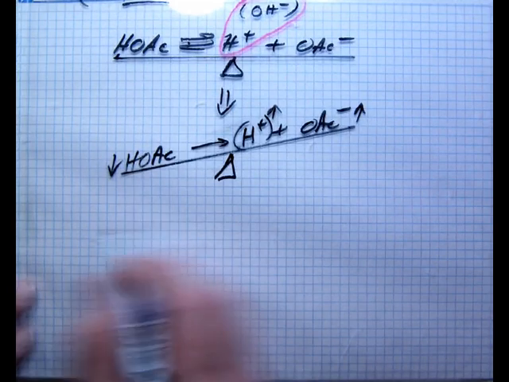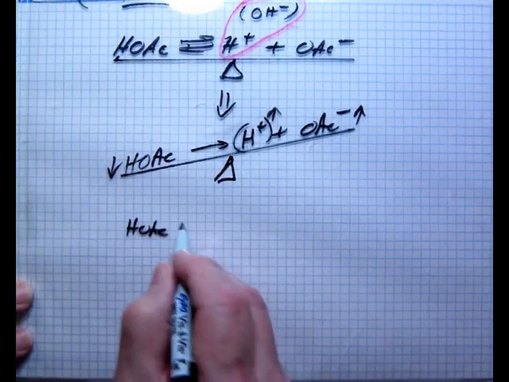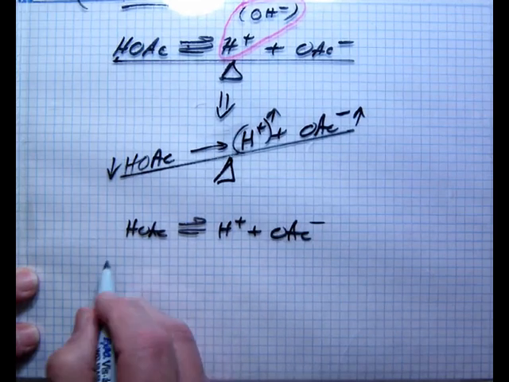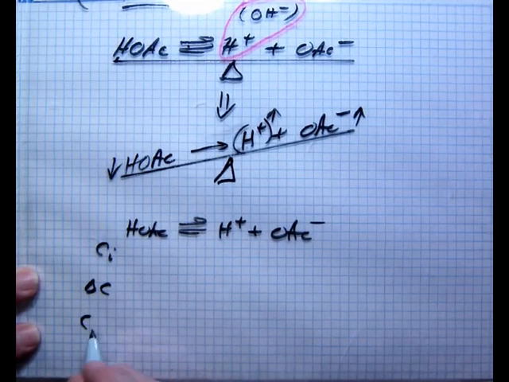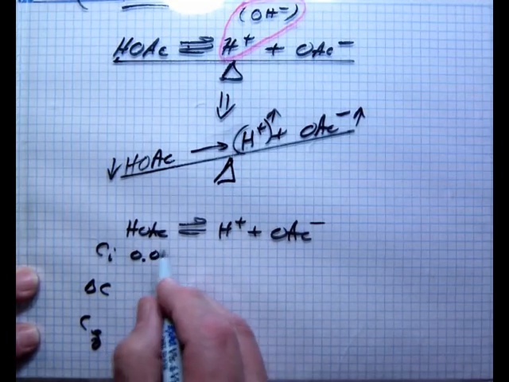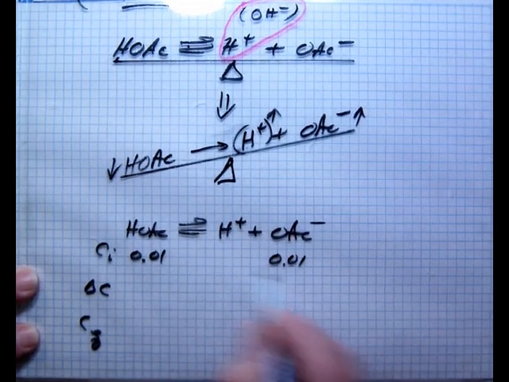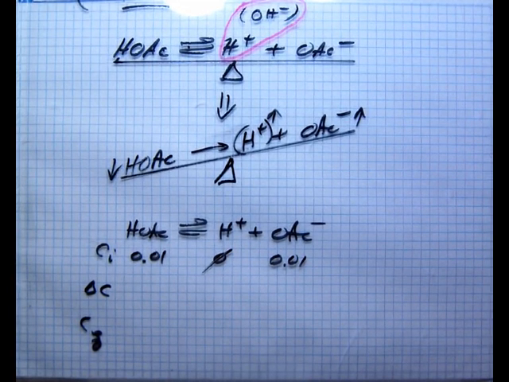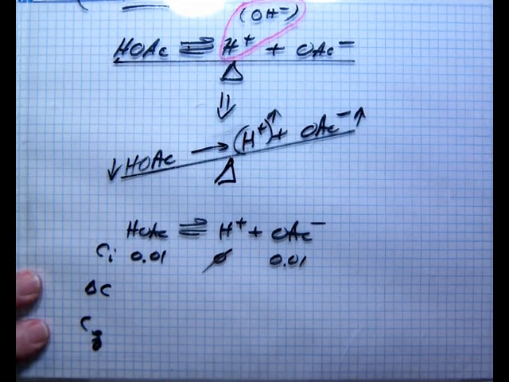So if we work that out, HOAc equilibrium H plus plus OAc minus, with initial, change, and concentration at equilibrium. We started with 0.01, 0.01, and that's effectively 0. 10 to the minus 5 is not enough to make a big issue out of. But this time we put in OH.